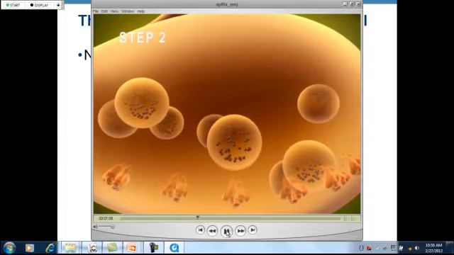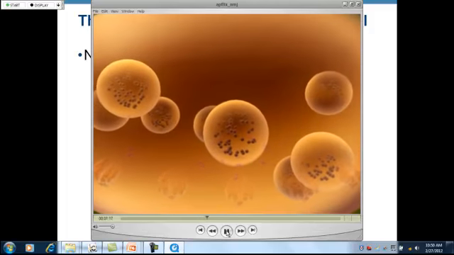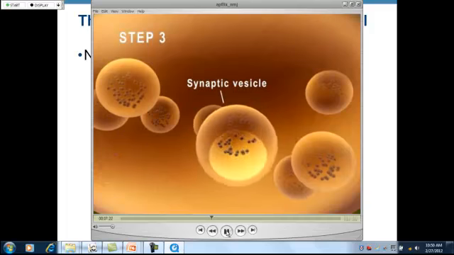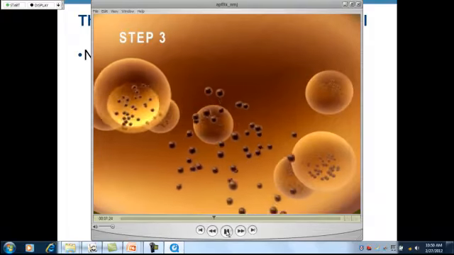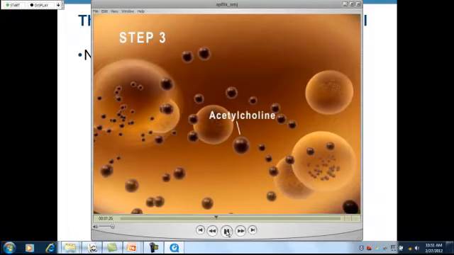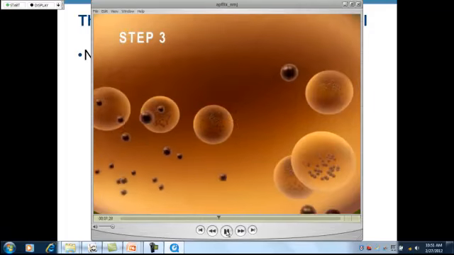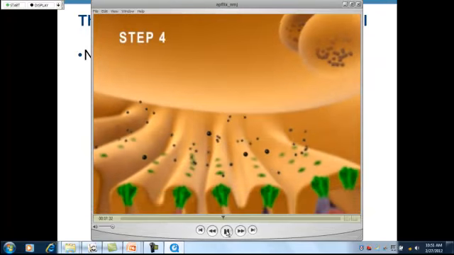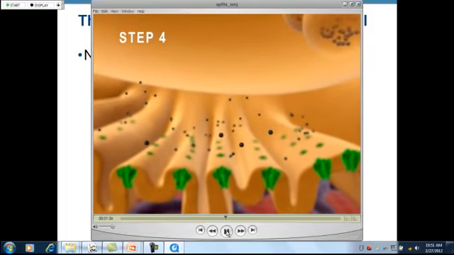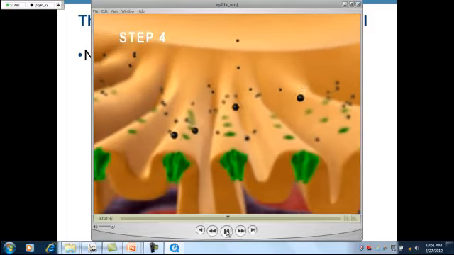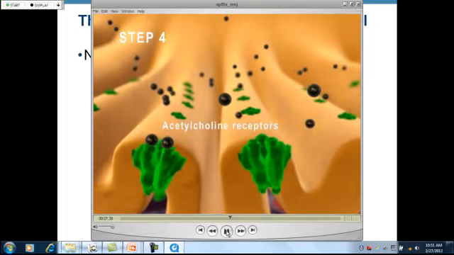Calcium entry causes synaptic vesicles to release acetylcholine via exocytosis. Step 4. Acetylcholine diffuses across the synaptic cleft and binds to acetylcholine receptors, which contain ligand-gated cation channels. Step 5. These ligand-gated cation channels open.